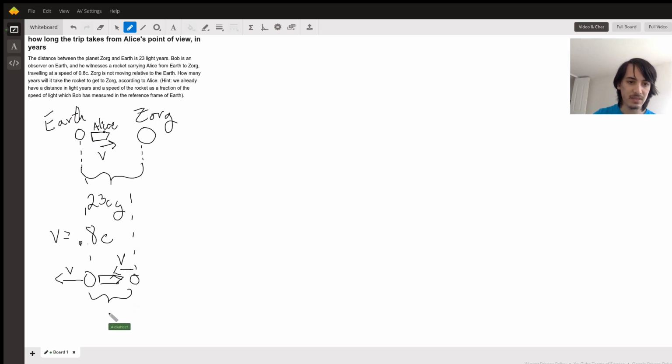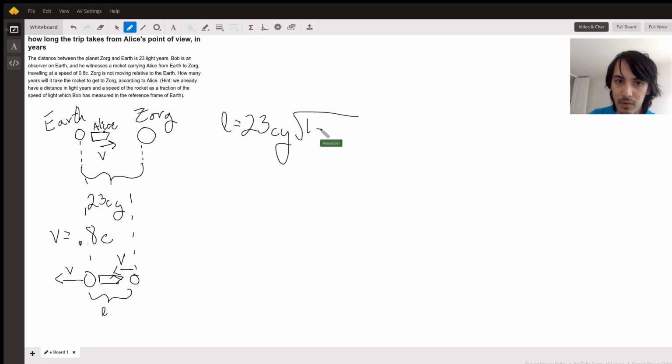So this is going to be some distance L. And we know that our generic formula for length contraction is L equals our original distance of 23 light years times the square root of 1 minus v squared, so that's 0.8 squared c squared over c squared, and the c's cancel out.